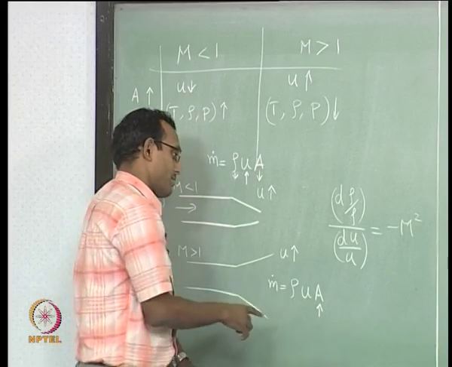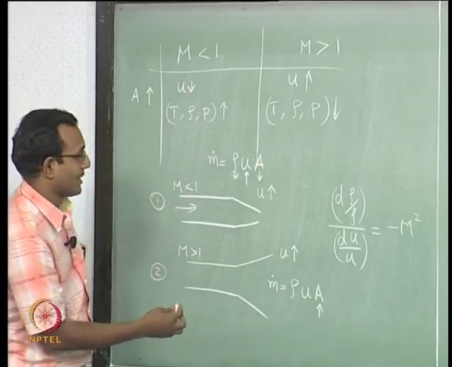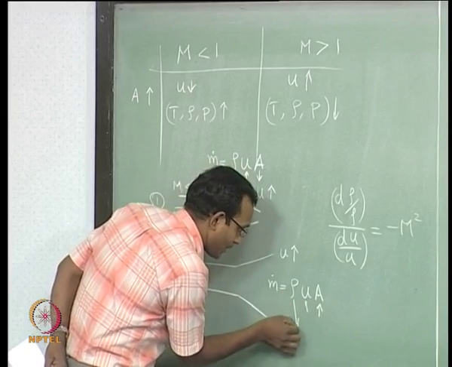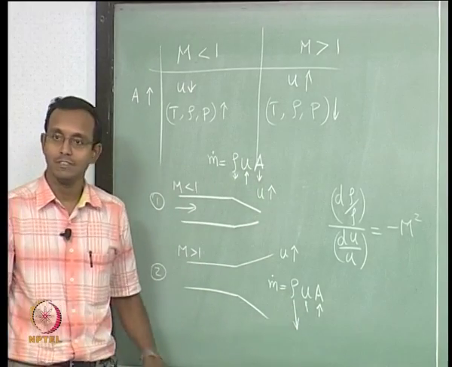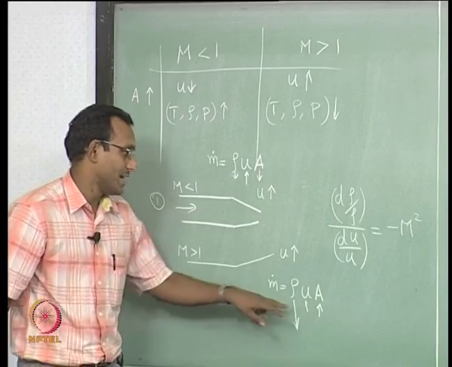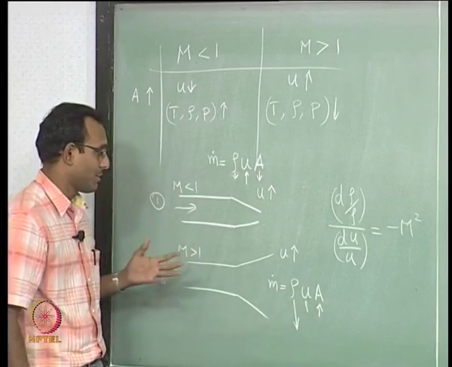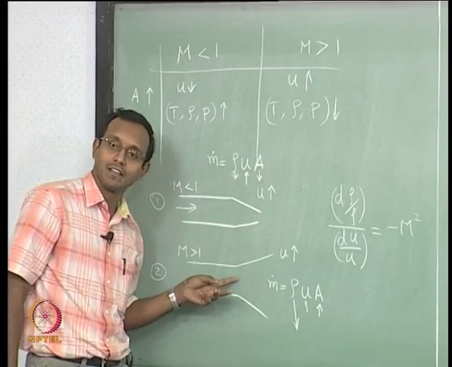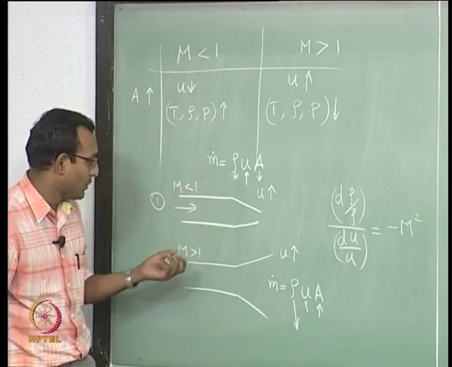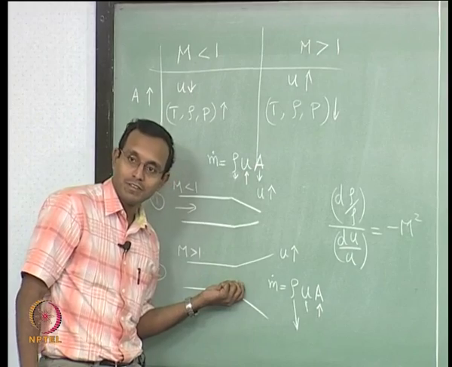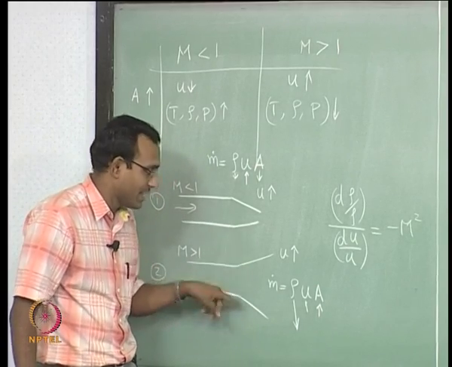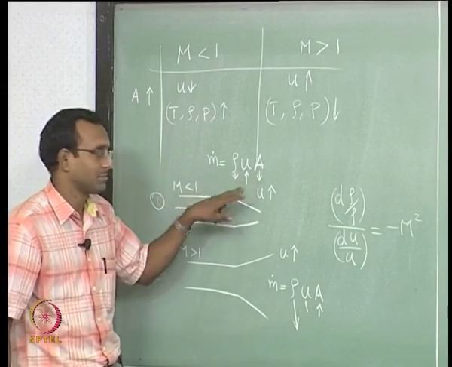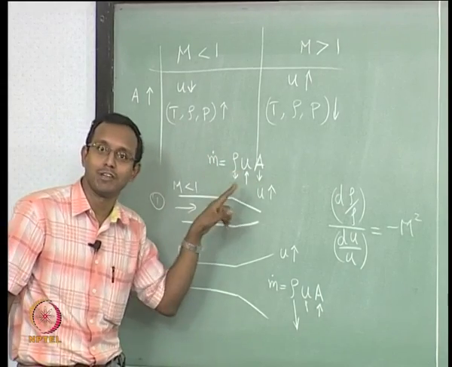So, now I am going to say my flow is going to accelerate, but density is going to drop a lot. Okay. What is really happening in here is, if I want to have a physical feel for things, when the speed is so very high, the fluid does not have enough time to adjust for this area change by decreasing its velocity, like what it will do in subsonic flow.